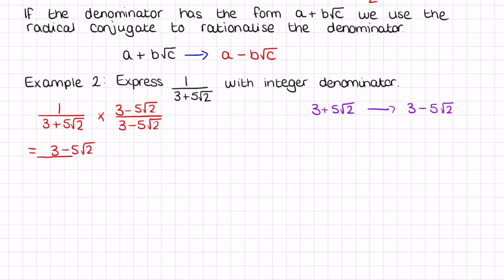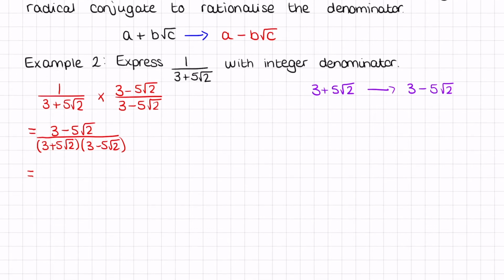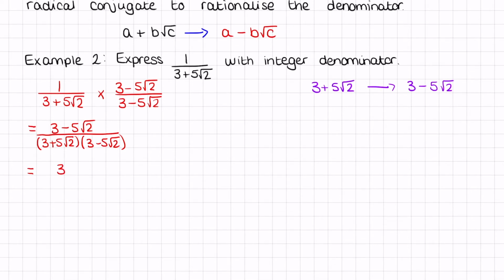Now the interesting thing here with the denominator is we end up with a difference of 2 squares, which makes our simplifying really easy. Our numerator will stay the same, and then our denominator just becomes 3 squared minus 5 root 2 squared.